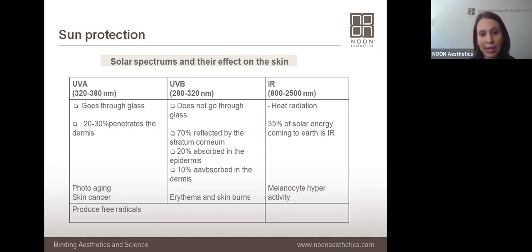UVB rays do not go through glass, but they can cause erythema and skin burns. And we also have the infrared rays, which are heat radiation, and they can cause the melanocyte to be hyperactive.